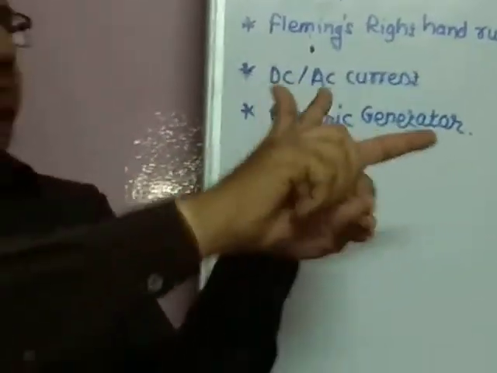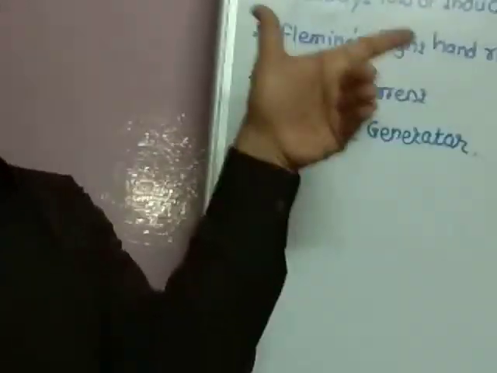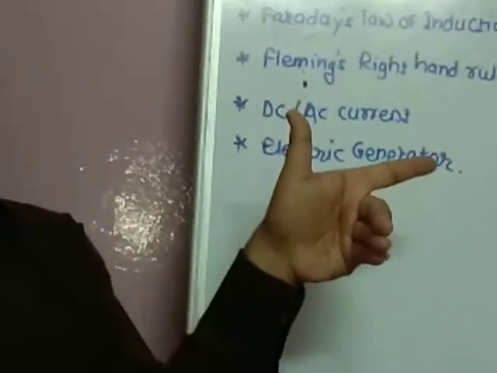Again I repeat it. What is Fleming's left hand rule?